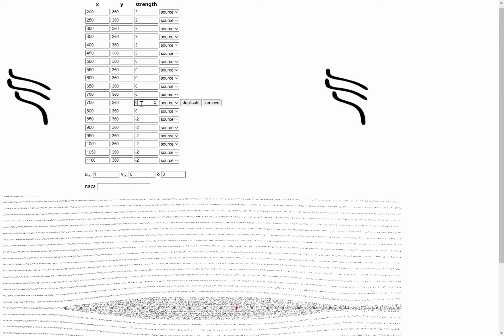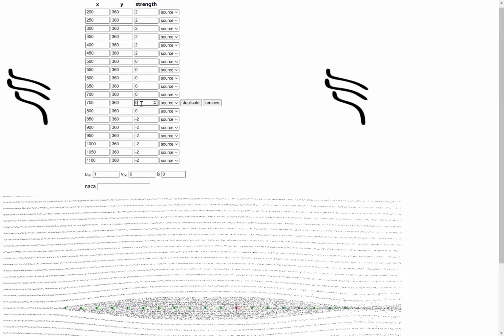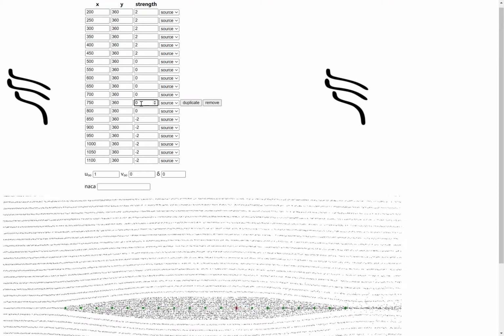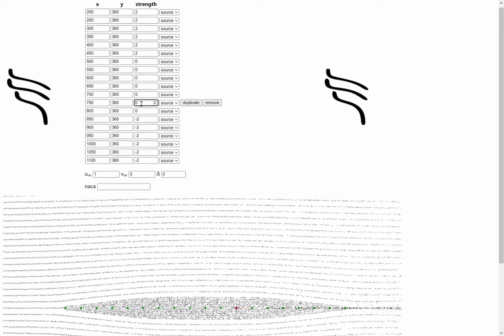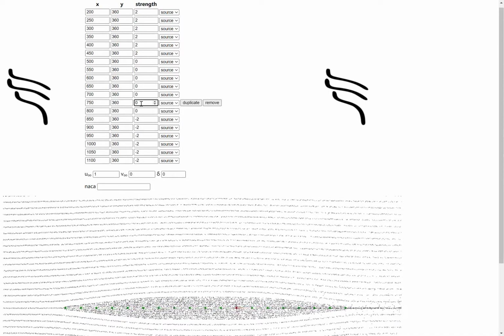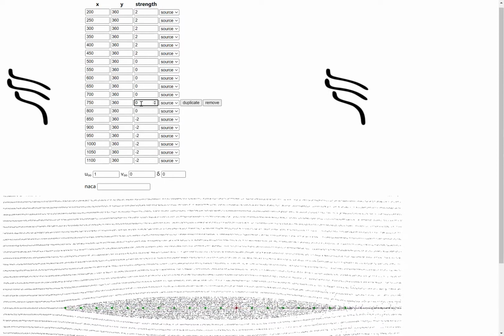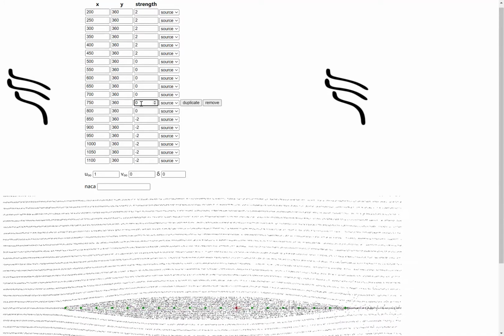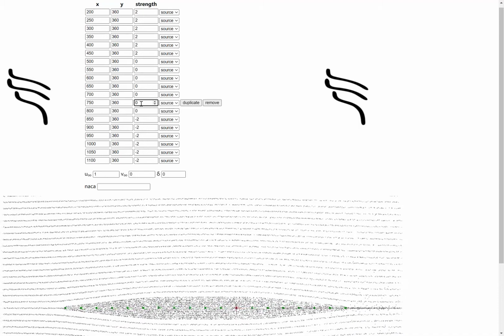So that you can see the upper surface and lower surface around these zero sources and sinks now becomes parallel to the free stream. That makes sense if you think about how the source and sink affect the velocity field.